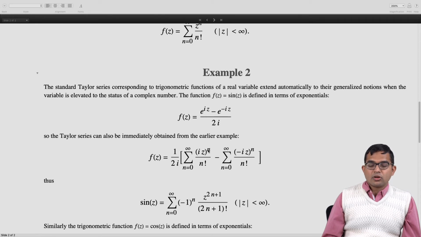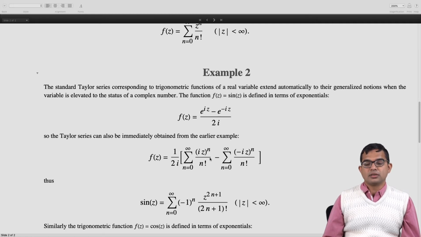But if you take it to an odd power, then you will get an i which will cancel with the i in the denominator, and then you have a minus 1 to the n, right? So it's something that you can quickly verify, and notice that the expansion of sine of z is just like the expansion we have for the sine of a real variable, which is very nice.